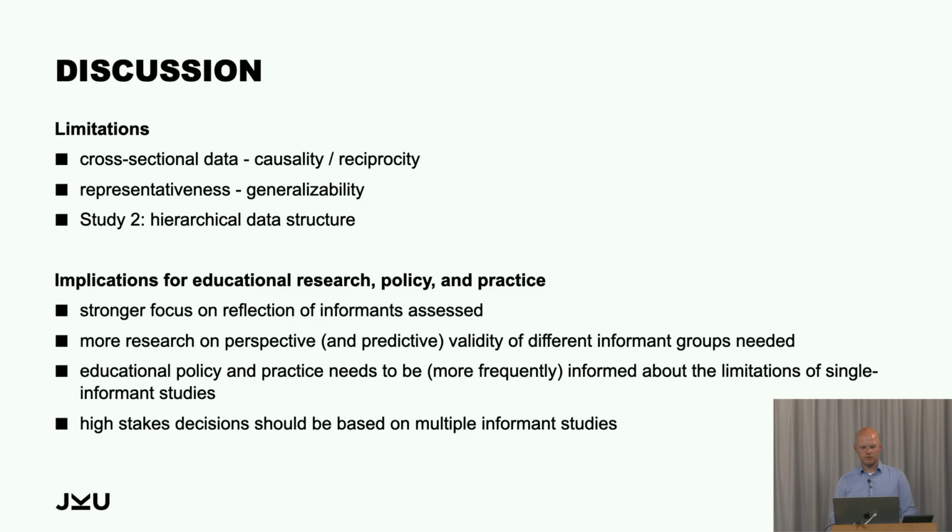And finally, I want to point out limitations. We only used cross-sectional data, so it's not possible to draw causal conclusions. And unfortunately, the data is not representative of the population. So we should be cautious when deriving general implications and conclusions.